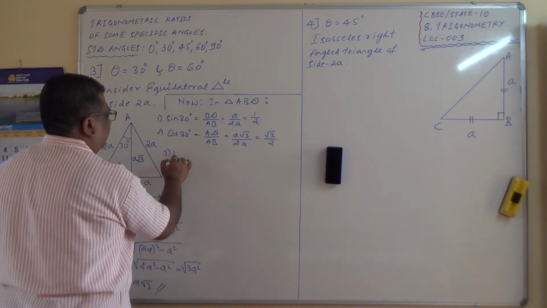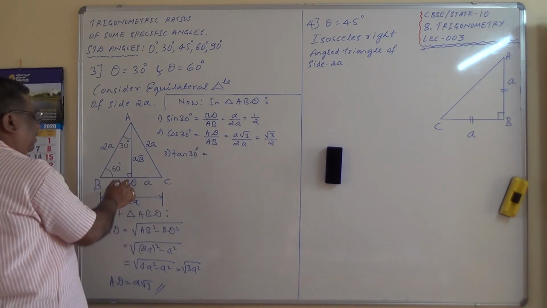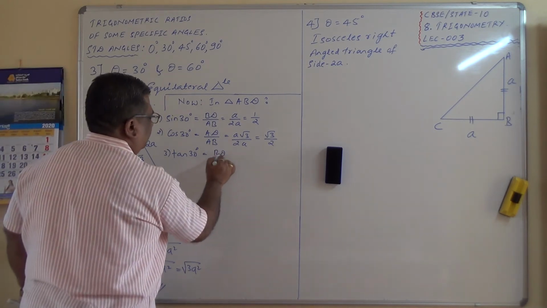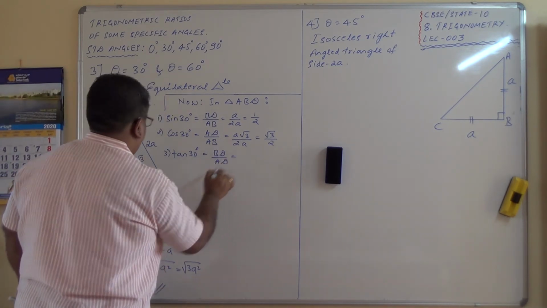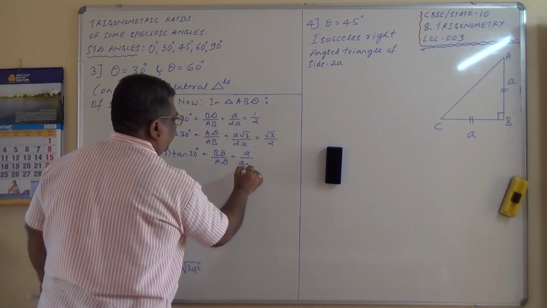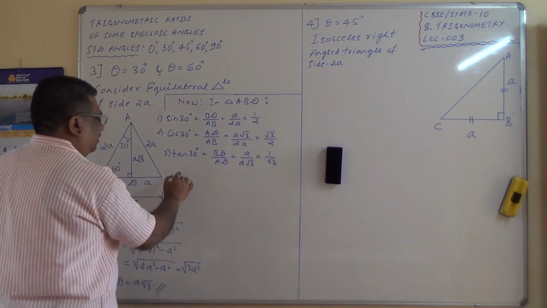Third one, tan of 30 degrees equals BD by AD, BD is A divided by A times root 3, which is 1 by root 3.